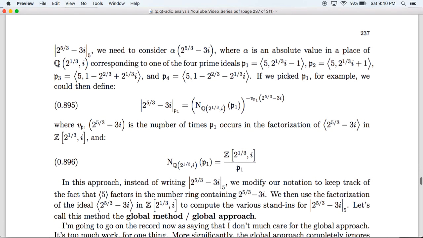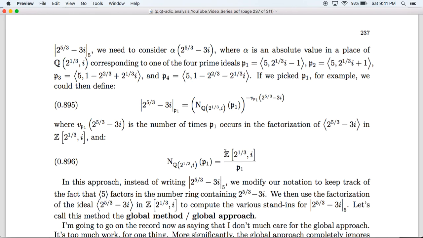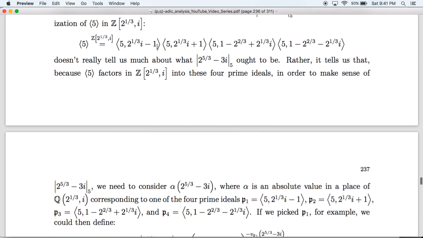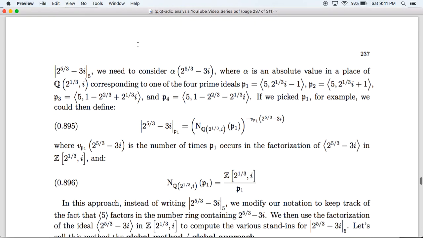The problem is, in this case, what we're doing is making sense of this expression by modifying the subscript, the prime. So we notice that when we consider this number ring, the 5 is no longer prime, so the more accurate thing to do would be to replace 5 with one of the prime ideals lying above 5 in this ring.